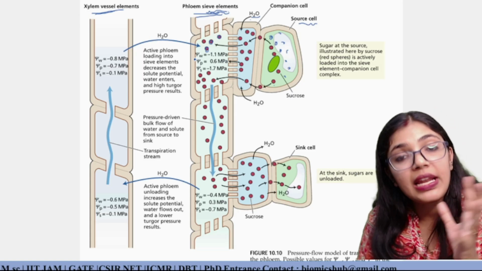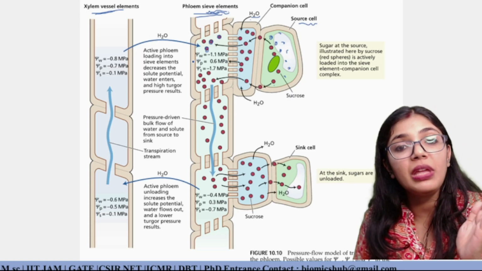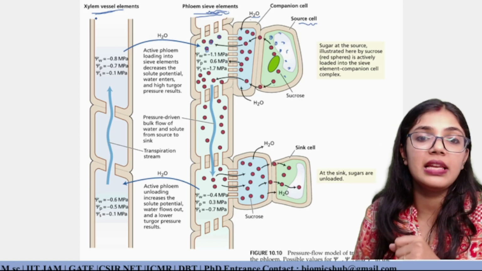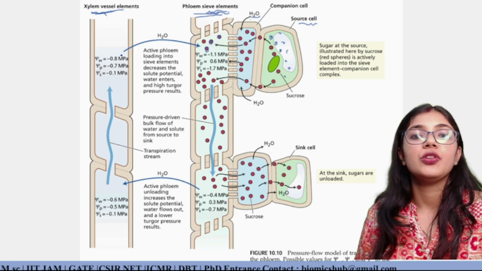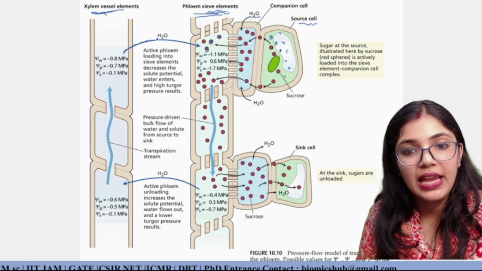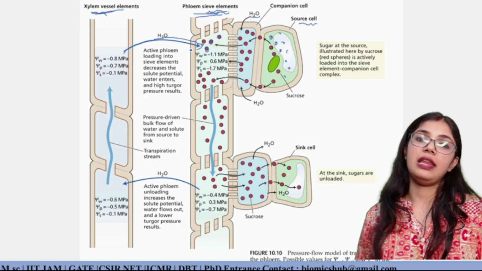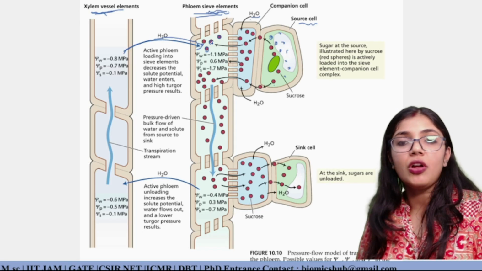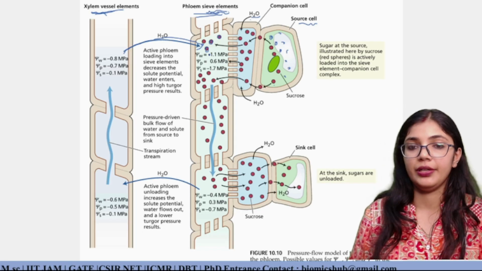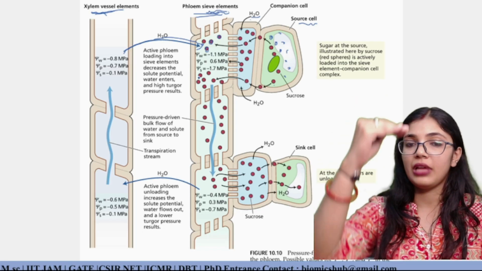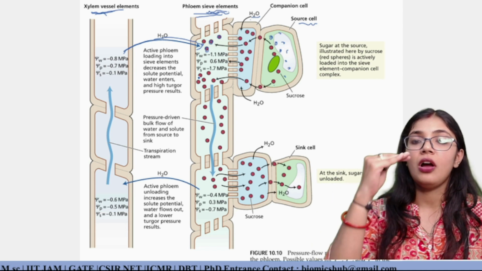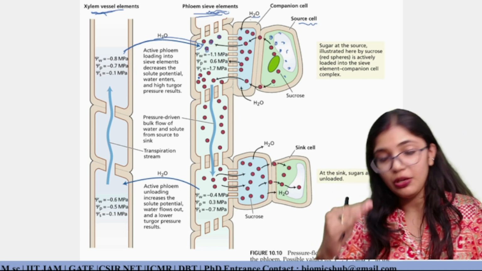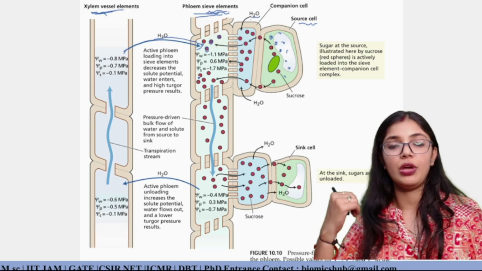That means it can take water from the nearby cell, which is the xylem. So the water will be transferred from the xylem to the sieve element. Now there is a mixture of solute and solvent here, and through diffusion or due to gravitational force, it will be transferred to the lower parts.